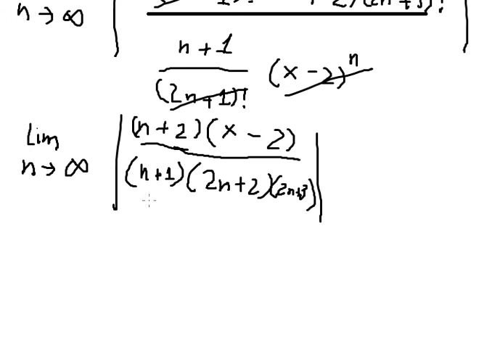Now if we look carefully at this one, we see that we have 3 factors containing n, but we have only 1 factor containing n in here. So that means this one is always smaller than this one in here. So when n approaches positive infinity, this one you get 0, and 0 is smaller than 1. So that means s can belong to any value in here.